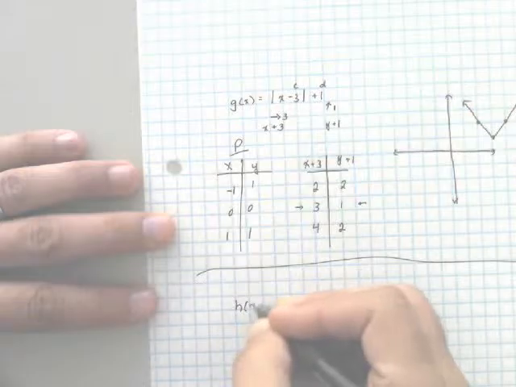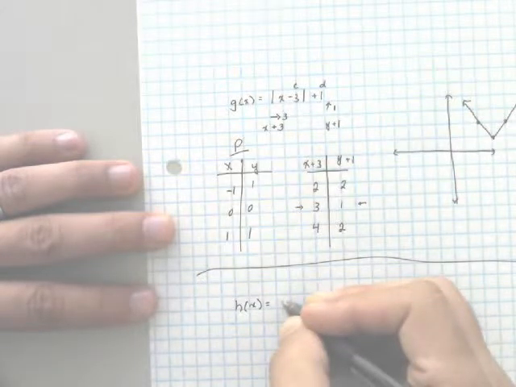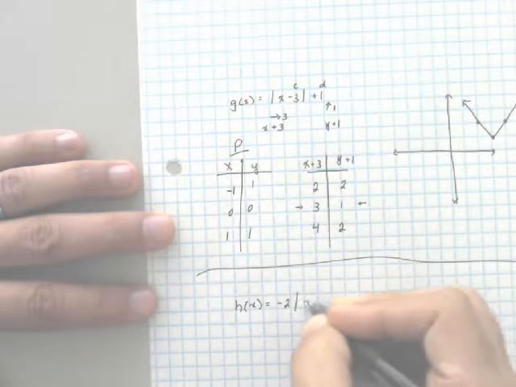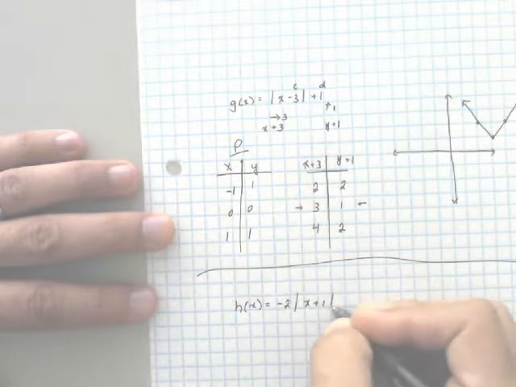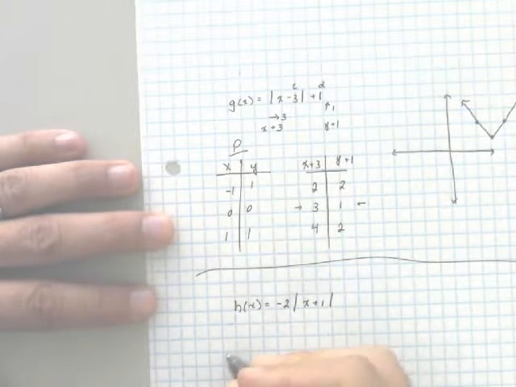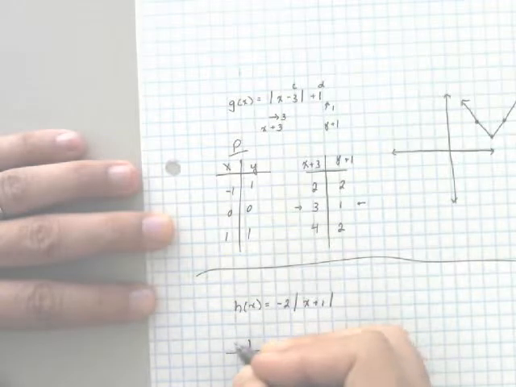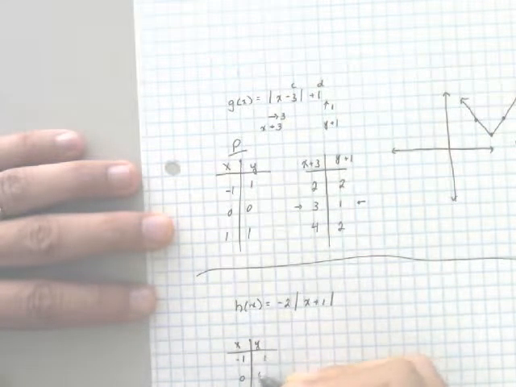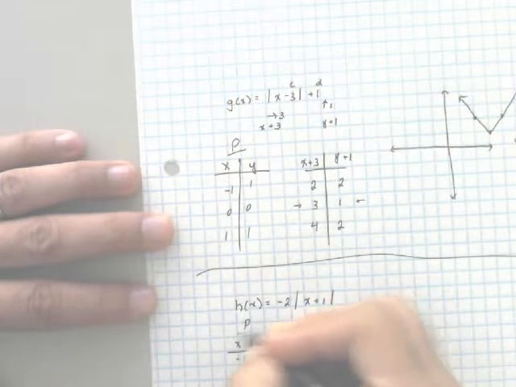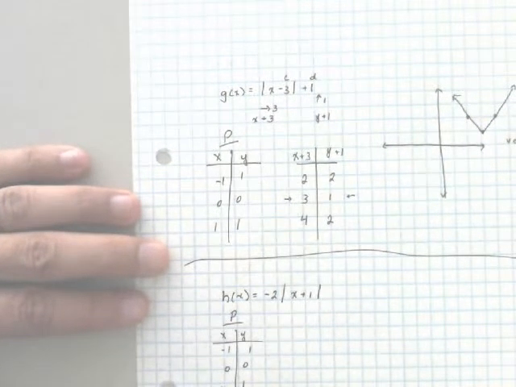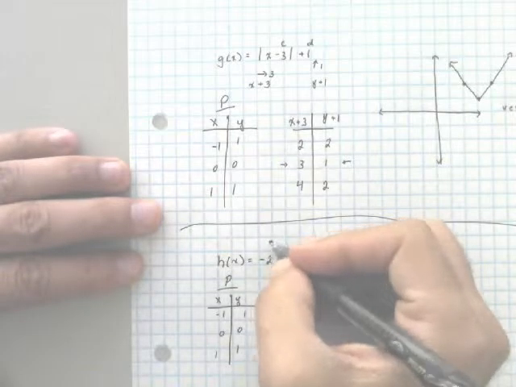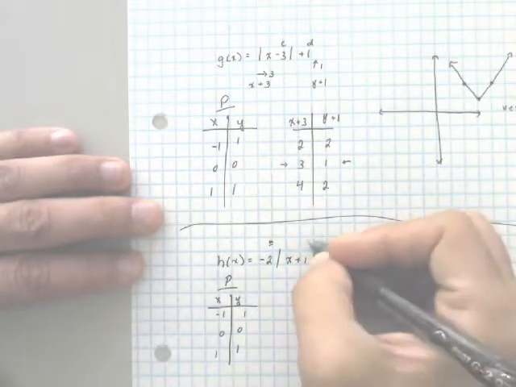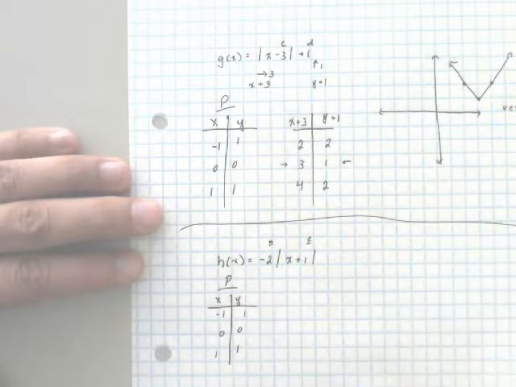I'll try h of x is equal to -2 times the absolute value of x plus 1. Okay, I'm going to go back to my parent points, -1, 0, 1. That again is my parent. In this case, my a is -2, my c is -1.